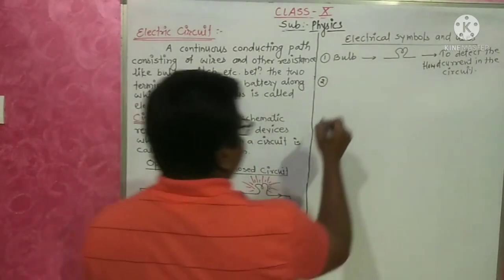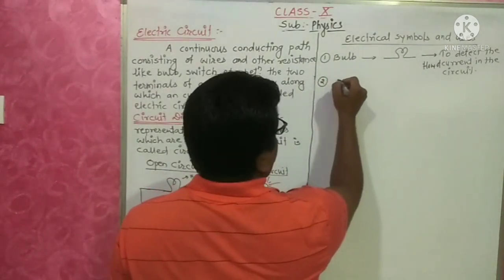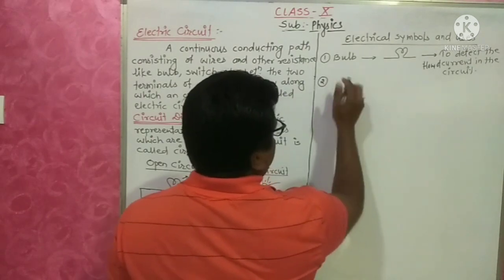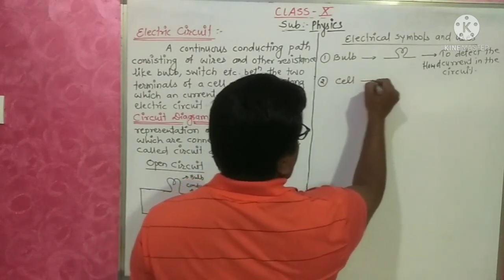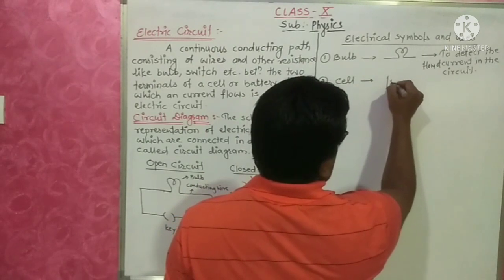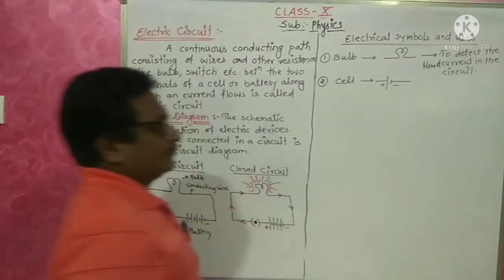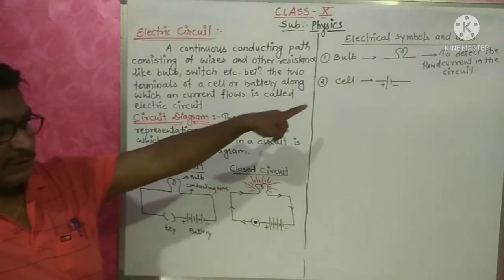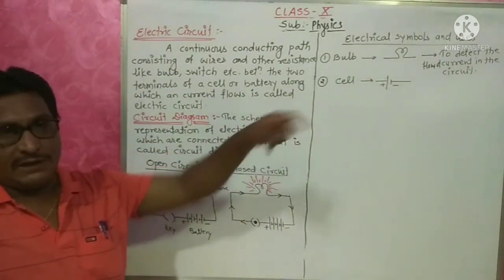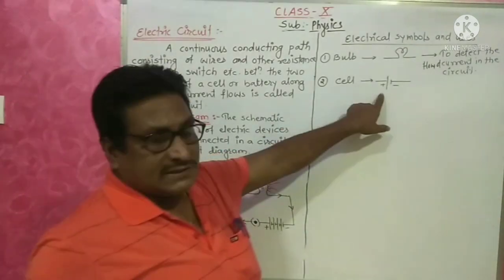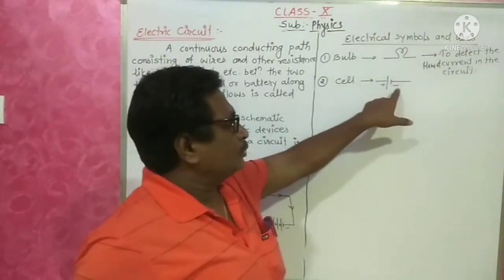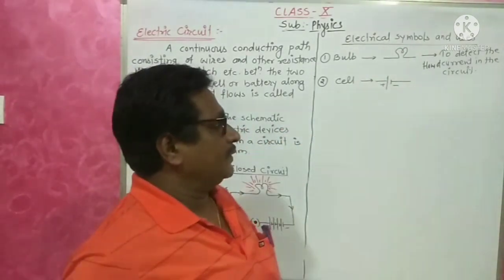Second, the cell. One positive terminal, one negative terminal. The longer line stands for the positive terminal, the shorter line stands for the negative terminal.